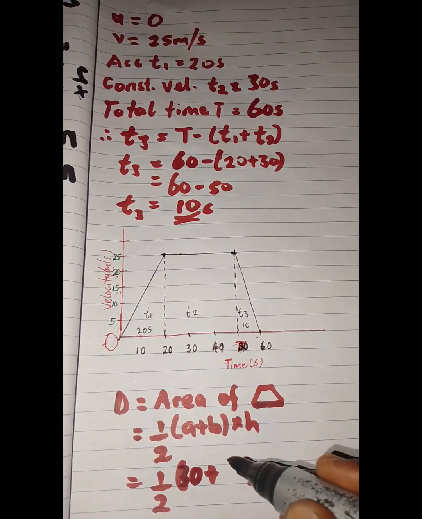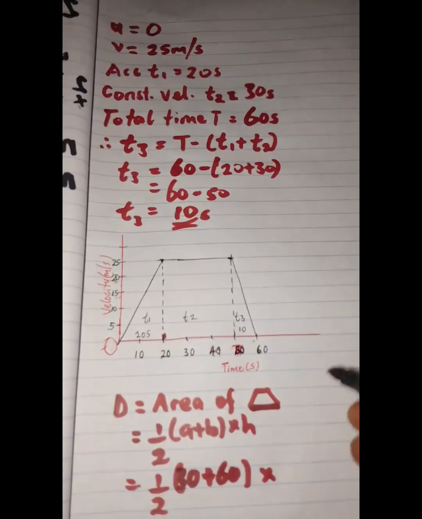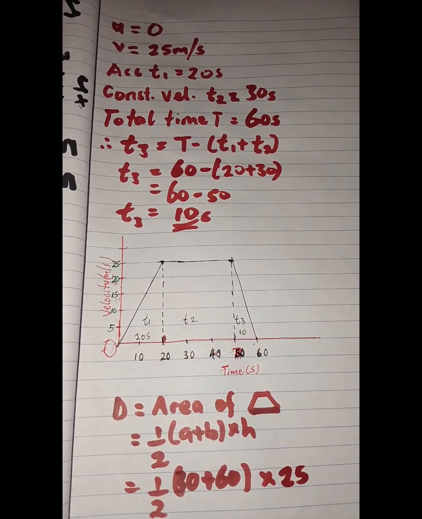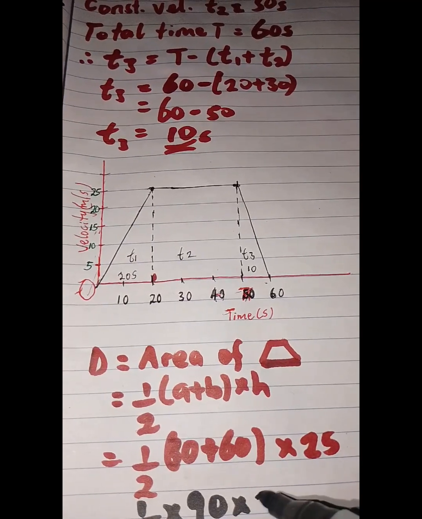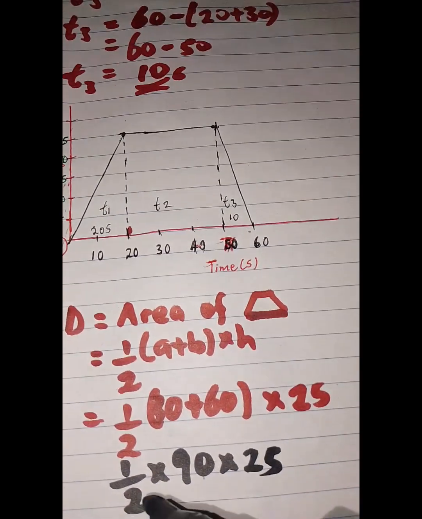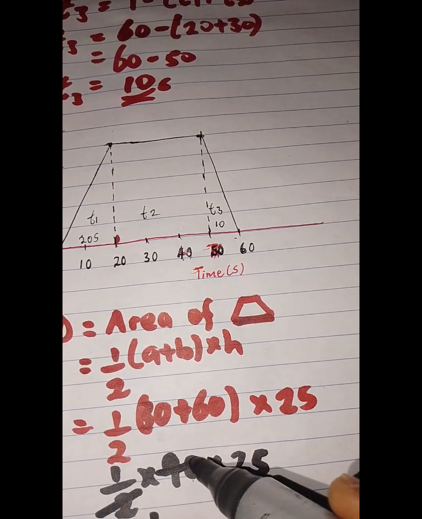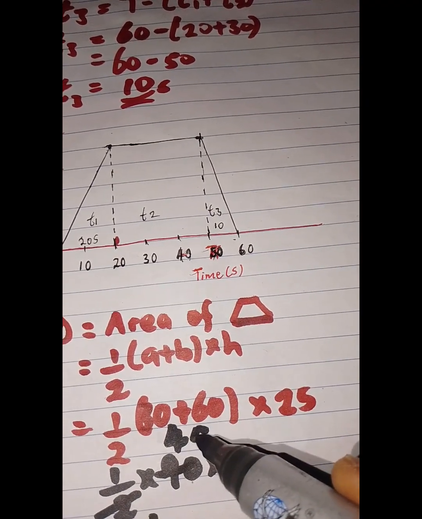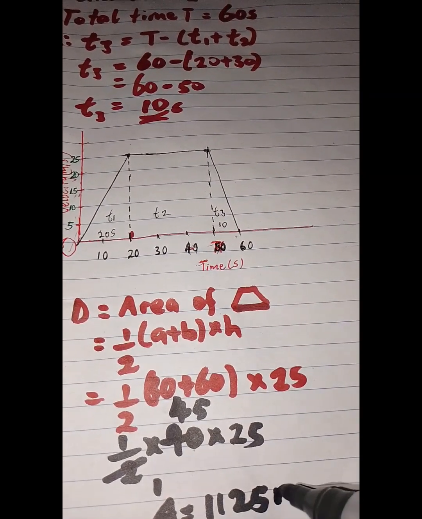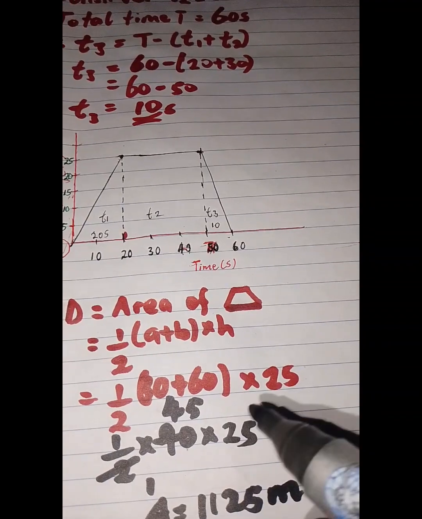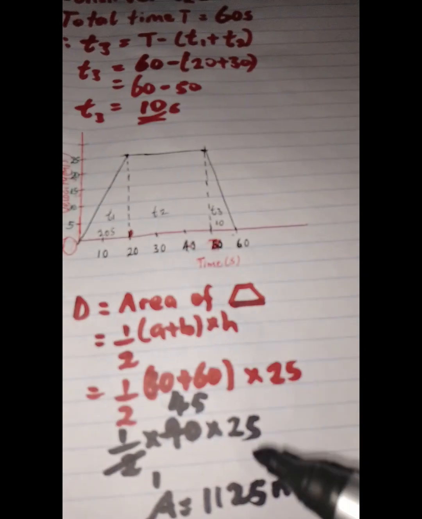The height is from here to here, that's 25. Half times 90 times 25. Half of 90 is 45, and then 45 times 25 gives us 1125 meters. So the total distance traveled, which is the area of this trapezium, is 1125 meters.